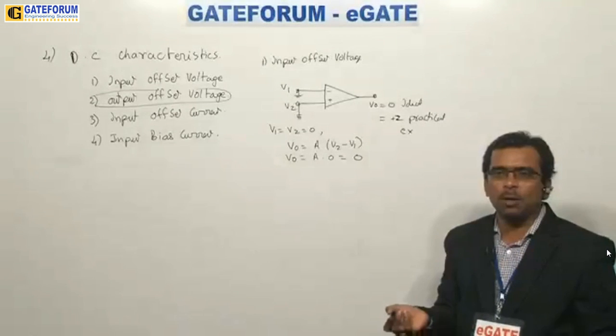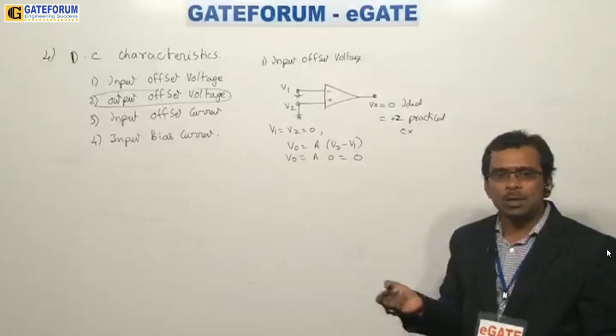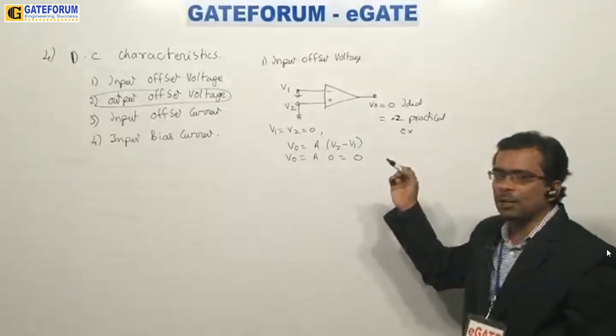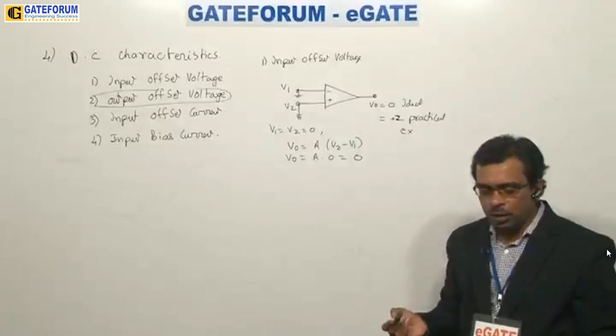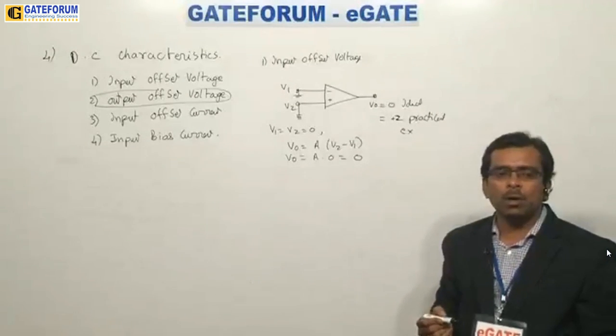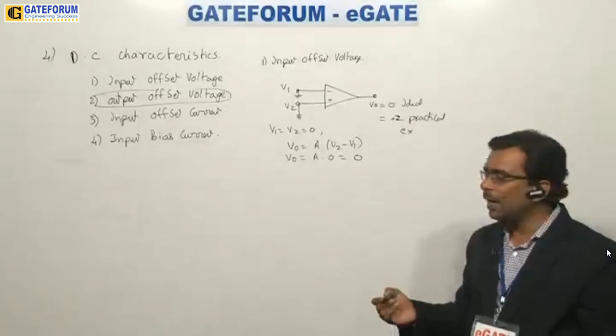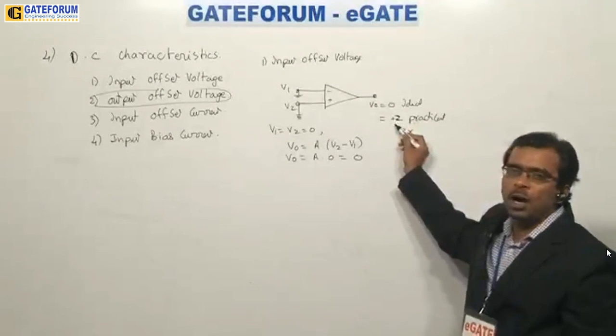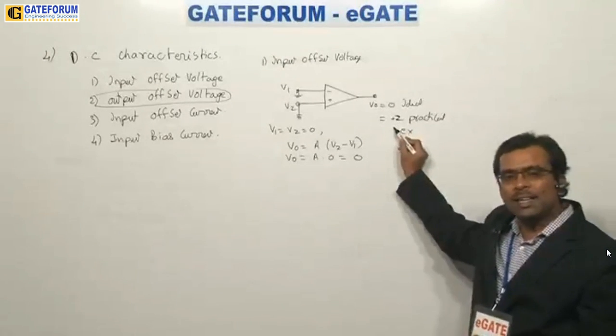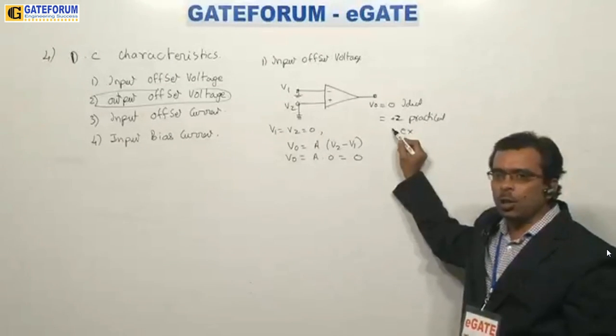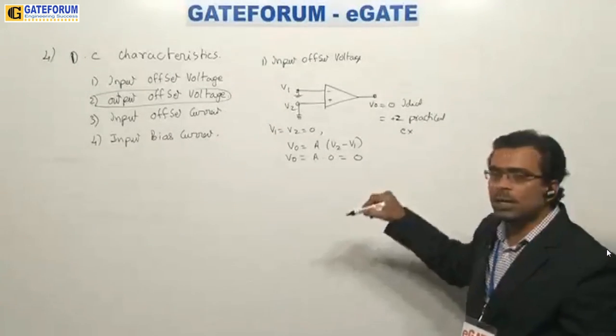You are supposed to get 50, but you are getting 52. So it's not an advantage, definitely it's an error. So don't think that without giving input, if I get output, it is an advantage. Sometimes we get an error. You may get plus voltage or minus voltage also. There is a chance to get minus voltage also.